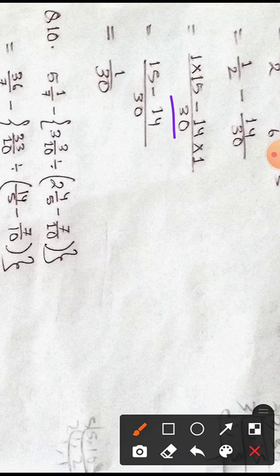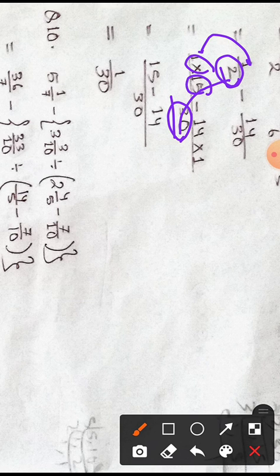LCM is 30. So in the same way we will do as we did before. We'll write 30 here as the LCM, then we'll write this 1 here, and we'll put a multiply sign here. Then we'll think what will you multiply with this 2 in order to get this 30. So 2 fifteens are actually 30, so therefore we have written here 15.